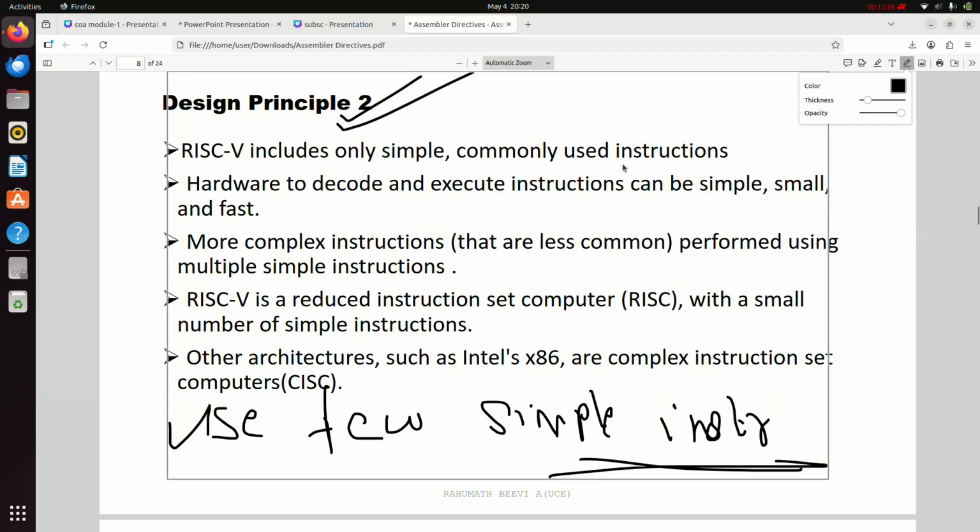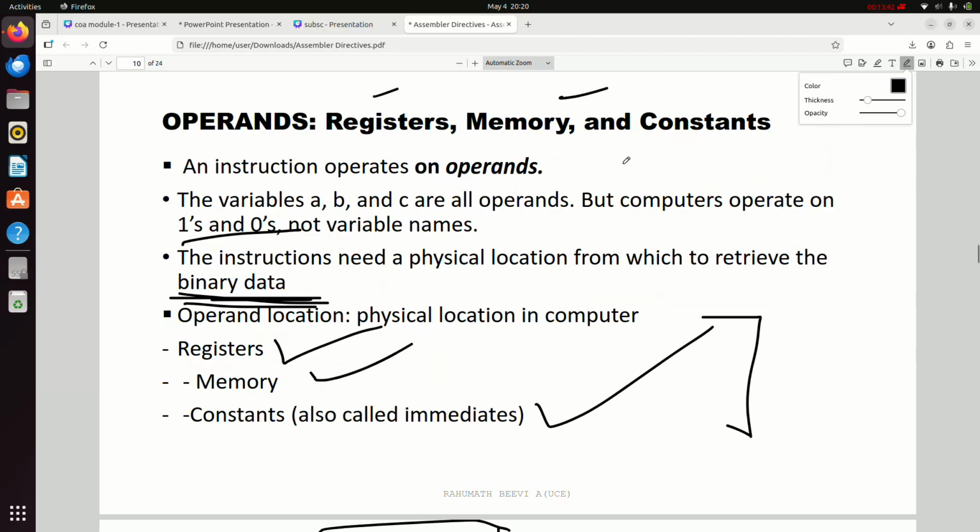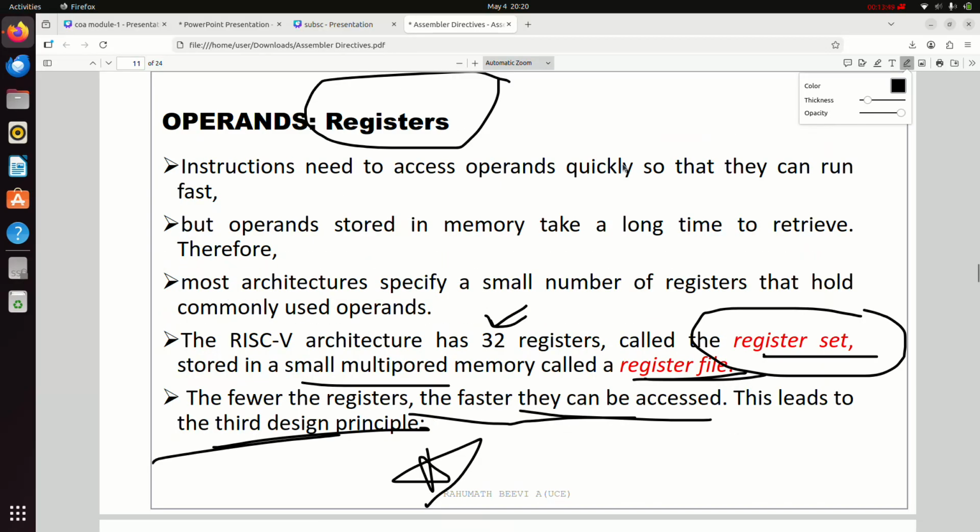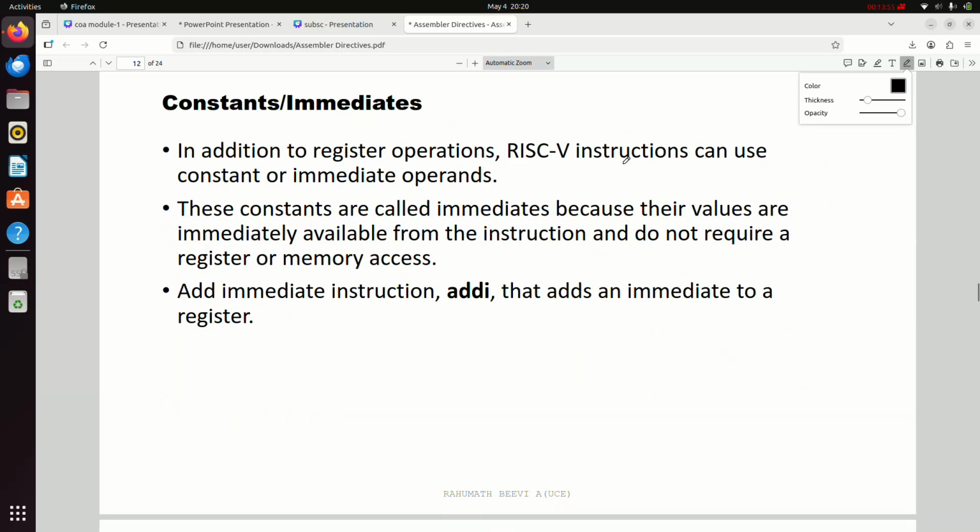The second design principle was that complex instructions have to be divided into smaller instructions. And the third design principle, I told you, is that the fewer the registers, the faster you can access them. So you have to have fewer registers, then only you can access them fast.